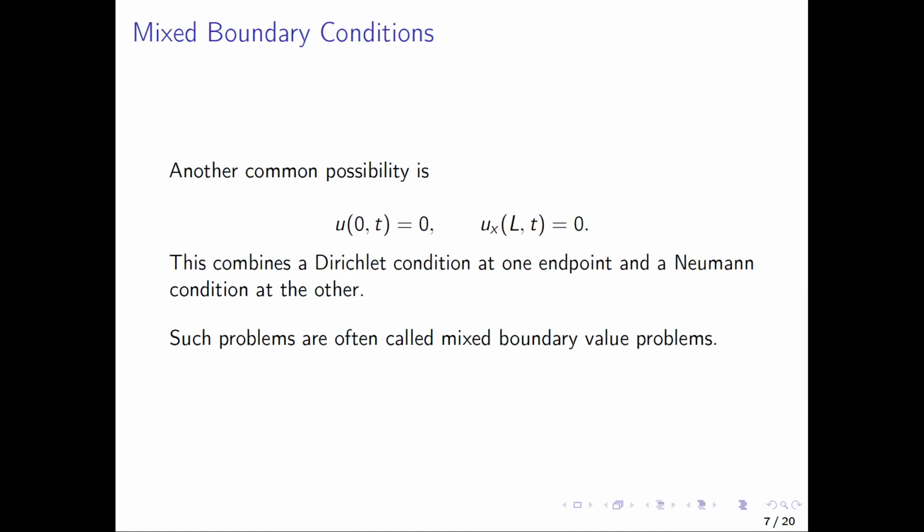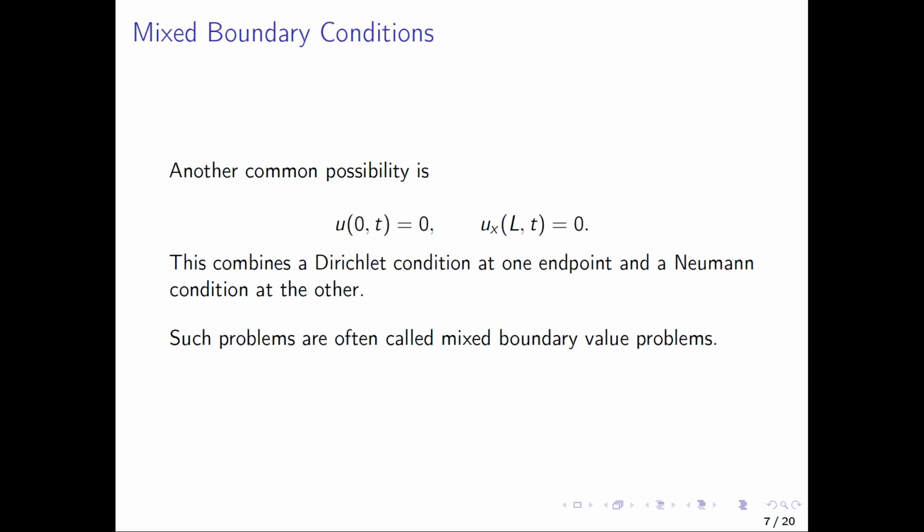Sometimes one endpoint is kept at a fixed temperature while the other is insulated, so mixed boundary conditions appear there. As you see, there is the unknown function u, but also the derivative of u with respect to x. So we combine the Dirichlet at one endpoint and Neumann at the other endpoint.